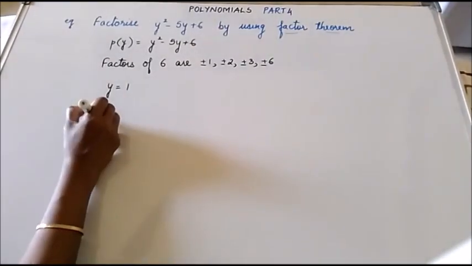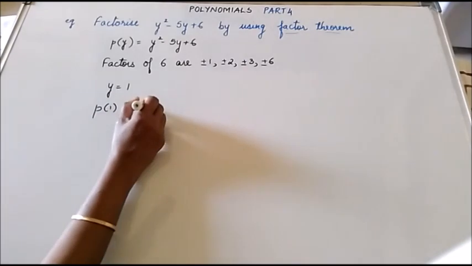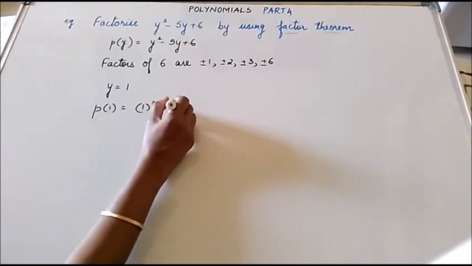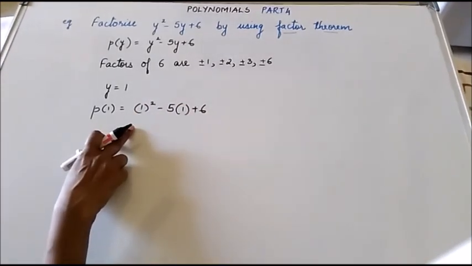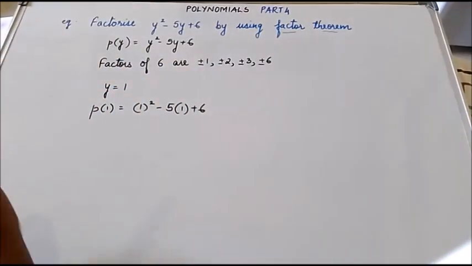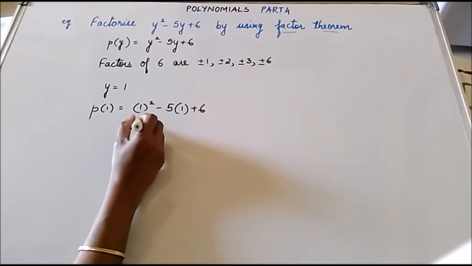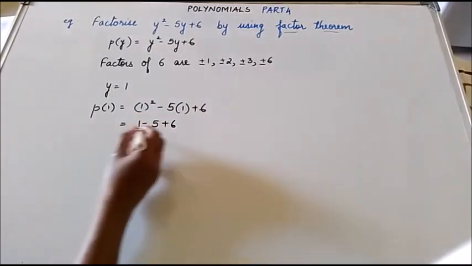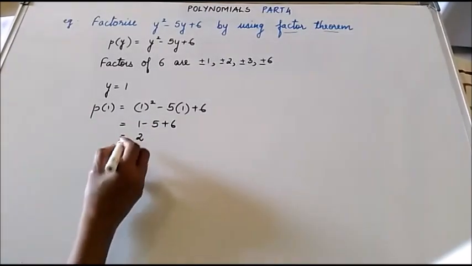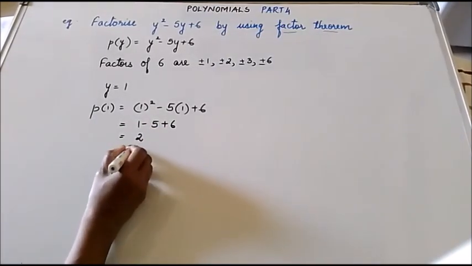Now what do you get? We get p of 1 is equal to 1 the whole square minus 5 into 1 plus 6. How do I get this? By substituting y is equal to 1 in the given polynomial. This will become 1 minus 5 plus 6. This will give us 2. Now here you see, 2 is not equal to 0.